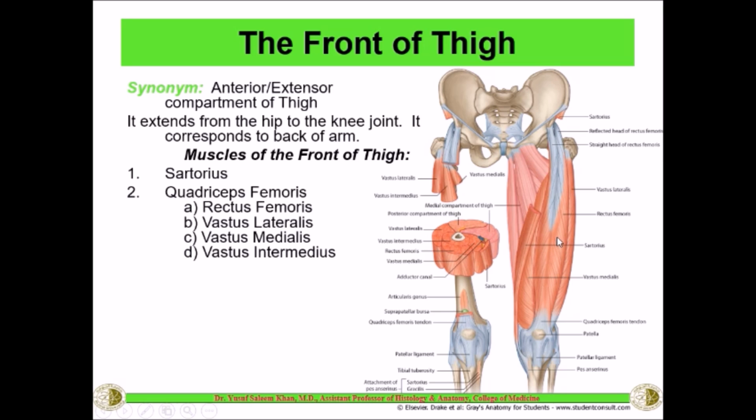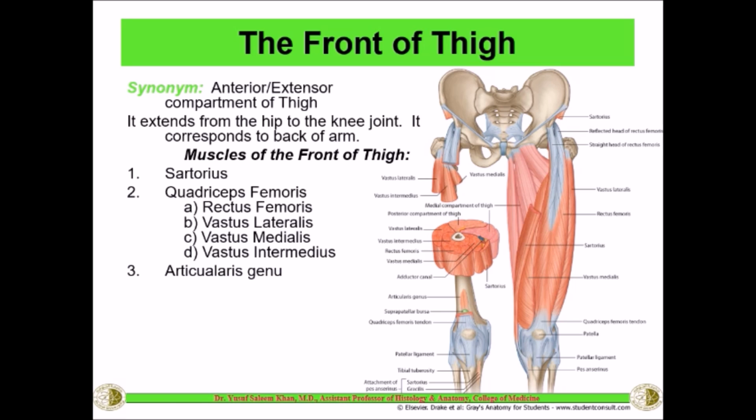So if you cut this Rectus femoris, then you can see the Vastus intermedius. If you see this cross section, here you can see the Vastus lateralis, this is the Vastus medialis, this is the Rectus femoris, and behind this Rectus femoris is the Vastus intermedius. So these are the 4 muscles which are together called as the Quadriceps femoris.